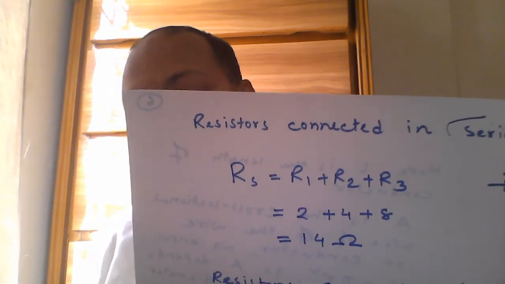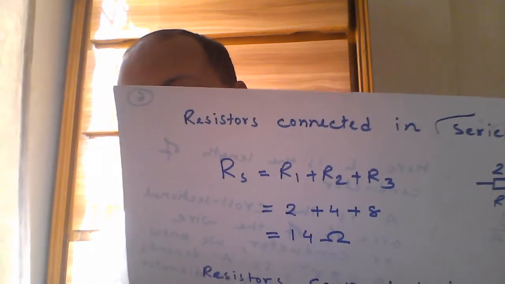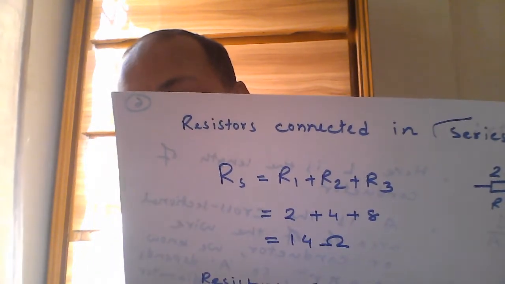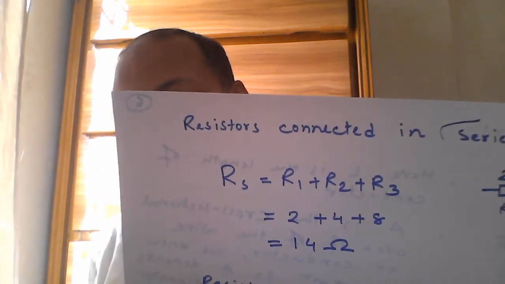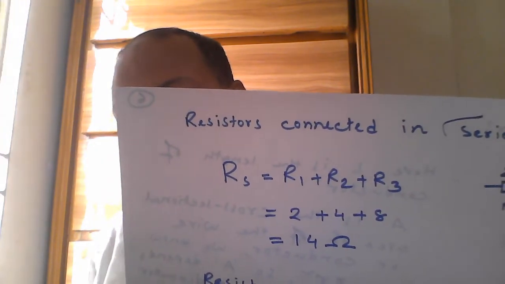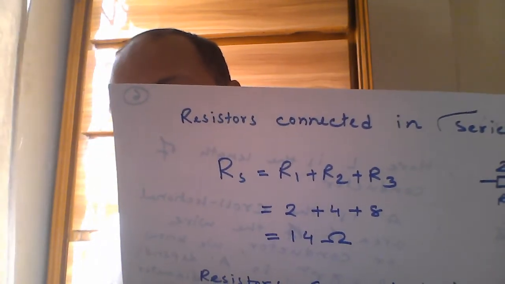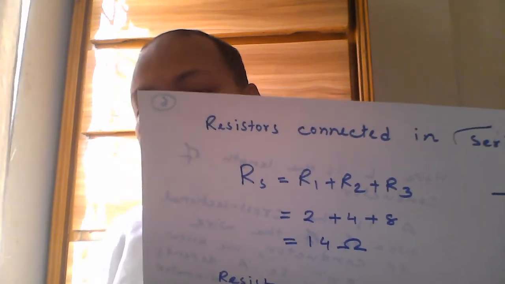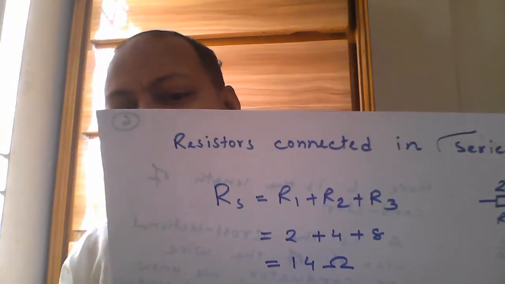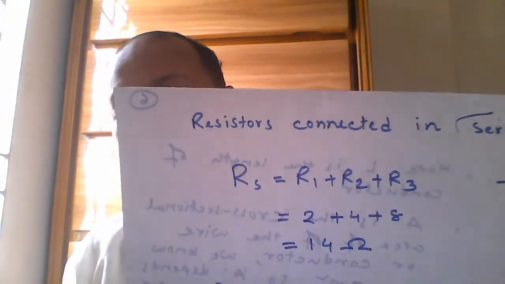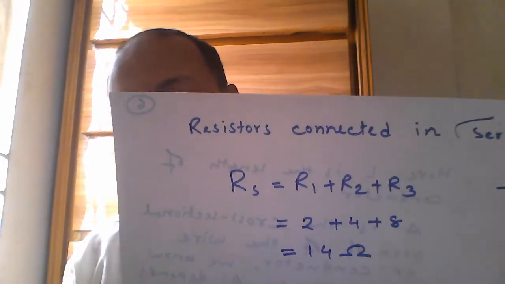That means if the resistors are connected in series, then the combined resistance is more than any one of them. You will see our combined resistance or total resistance is 14 ohm, and it is bigger than 2, 4 or 8 ohms. That means if we connect the resistors in series, then the resistance of the whole circuit increases, then current flow will be less.